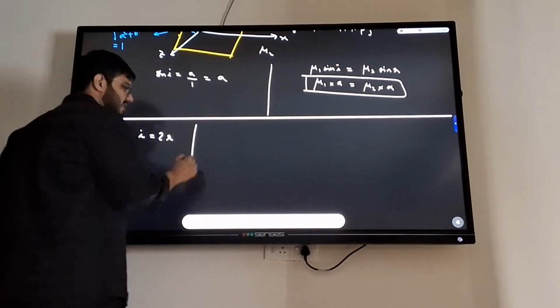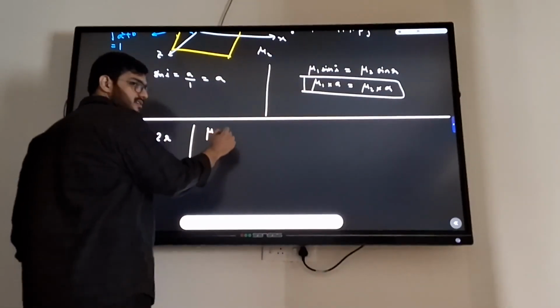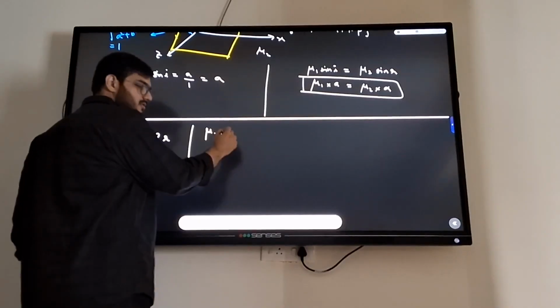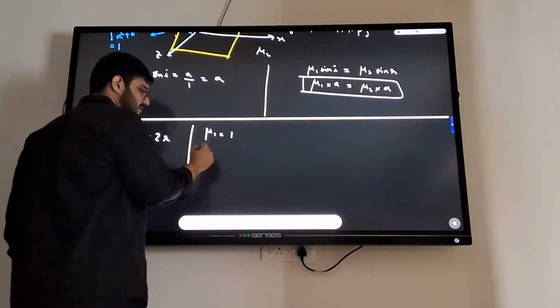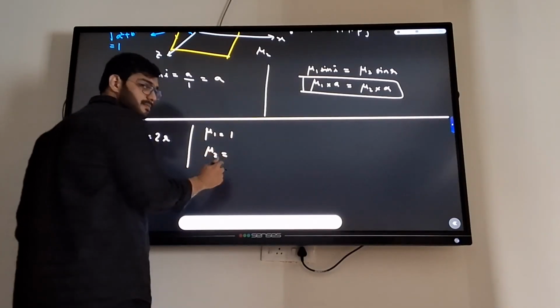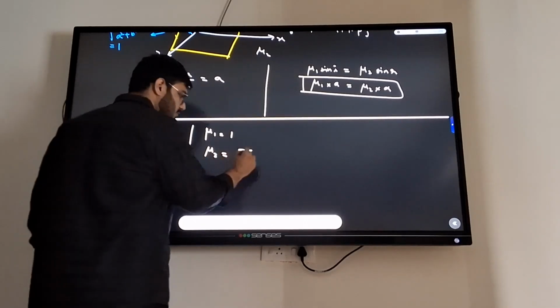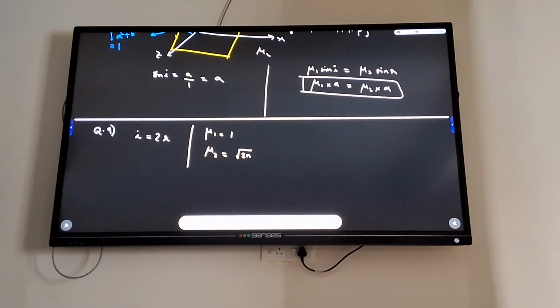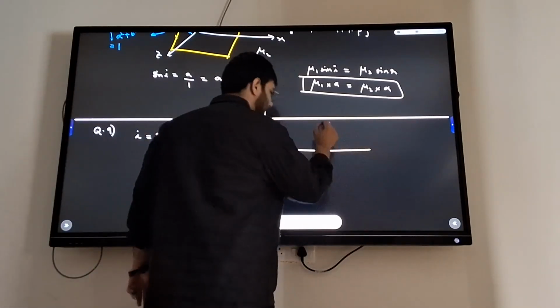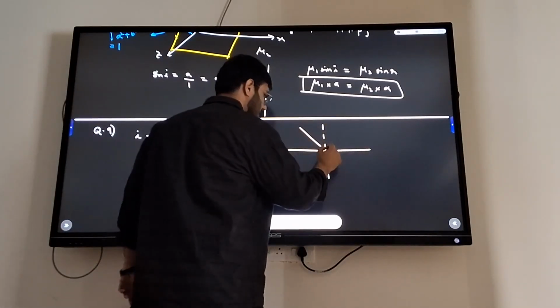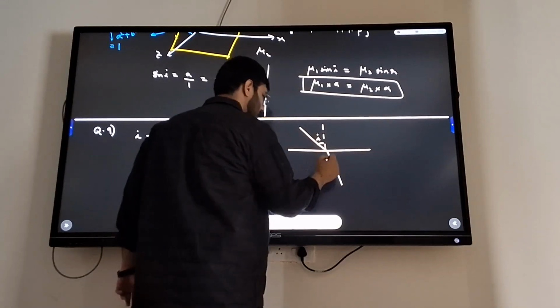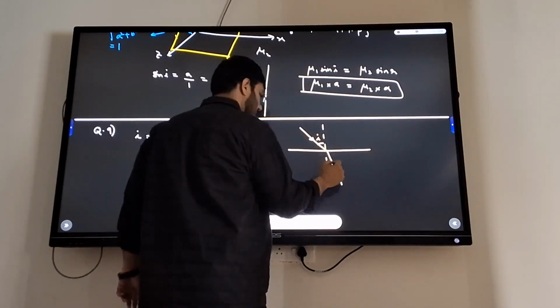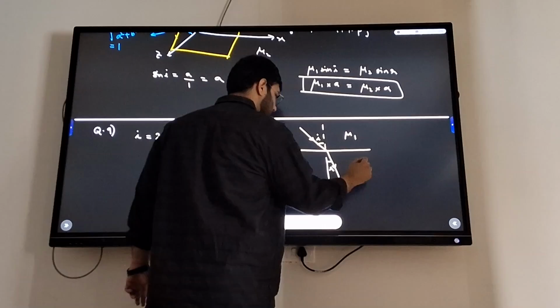Also they say mu1 is air, so what will that be? 1. The refractive index of air is 1. What about the second medium? Root 2n. This is what they have given. And the diagram can be thought of like this. This is I, this is R, this is mu1, this is mu2.